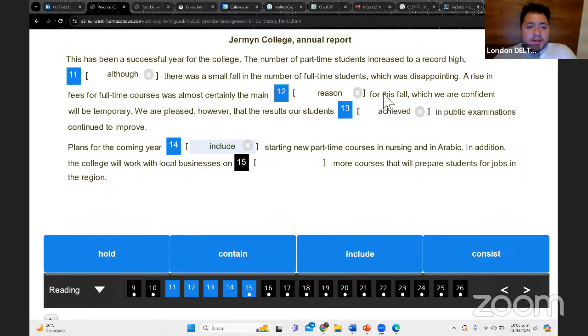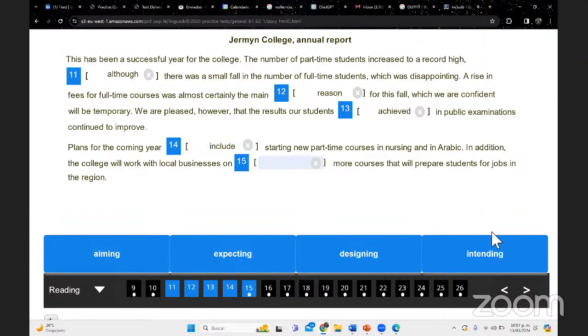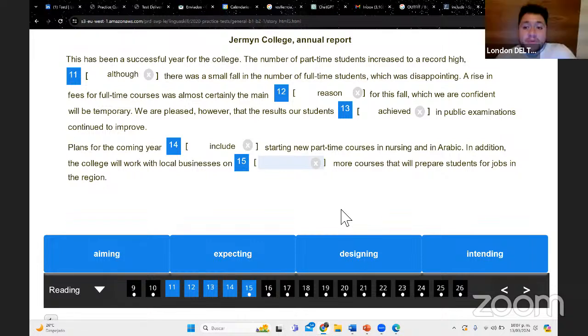Very well. Finally, we're going to read, please, Ulises, can you read from in addition to region? In addition, the college will work with local business on more courses that will prepare students for jobs in the region. Okay, let's pay attention.